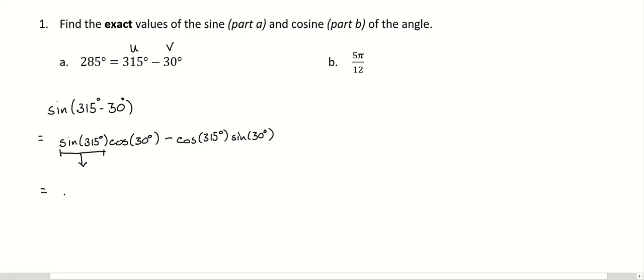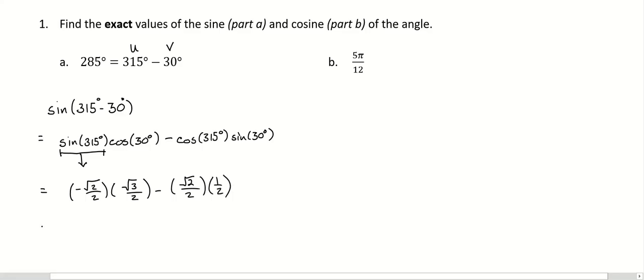So the sine of 315 per the unit circle, and every single one of these is per the unit circle, so I don't have to keep repeating that, is negative root 2 over 2. The cosine of 30 degrees is root 3 over 2. Minus the cosine of 315, which is root 2 over 2, and the sine of 30 degrees is 1/2.